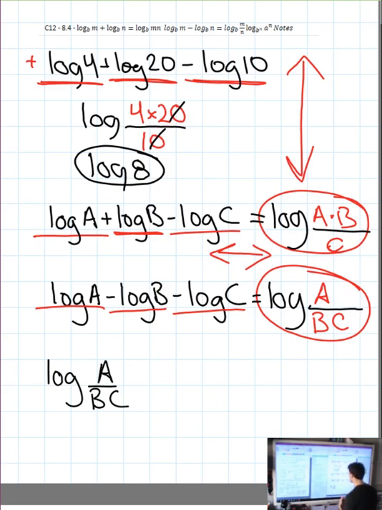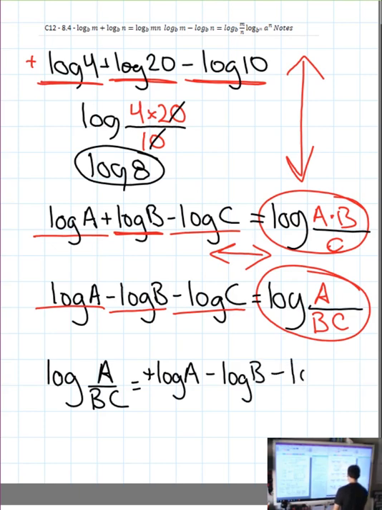So as you can see in the notes, there are multiple different ways to solve this. I'm going to do it in the simplest fashion. A is on the top, so it'll be a positive log A. B is on the bottom, so it'll be a minus log B. And C is on the bottom, so it'll be a minus log C.